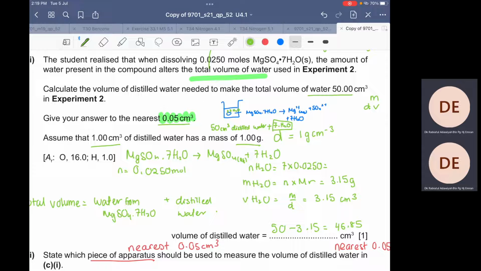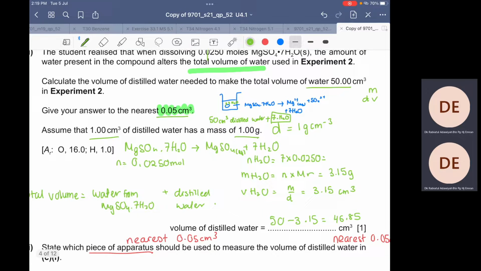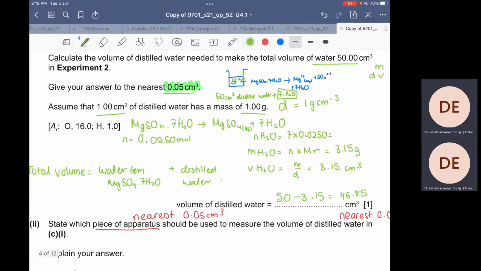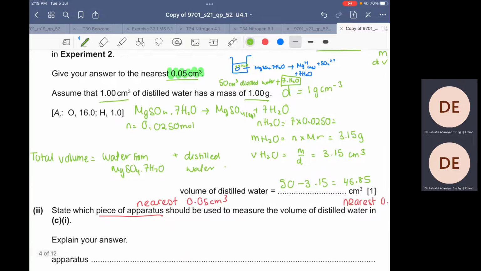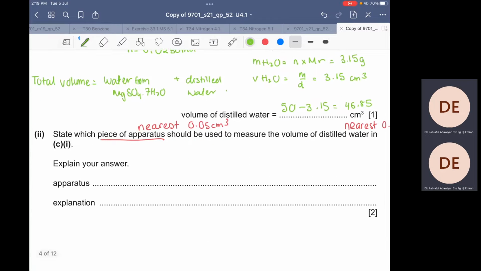Burette. Okay, you can't use a measuring cylinder. Measuring cylinder will only read up to 1 centimeter cube. 0.1 centimeter cube is the burette, and usually you can go up to half of the smallest value, okay?